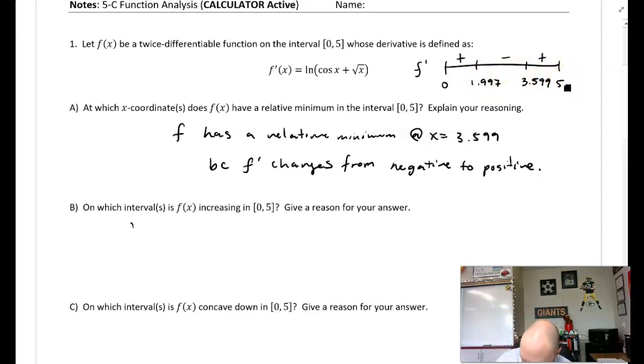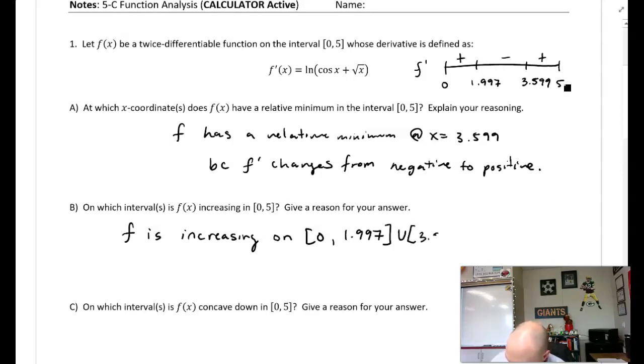So we can say f is increasing on 0 to 1.997, union 3.599 to 5, and the reasoning, because f prime is greater than or equal to 0. Okay, there you go. Pretty straightforward.